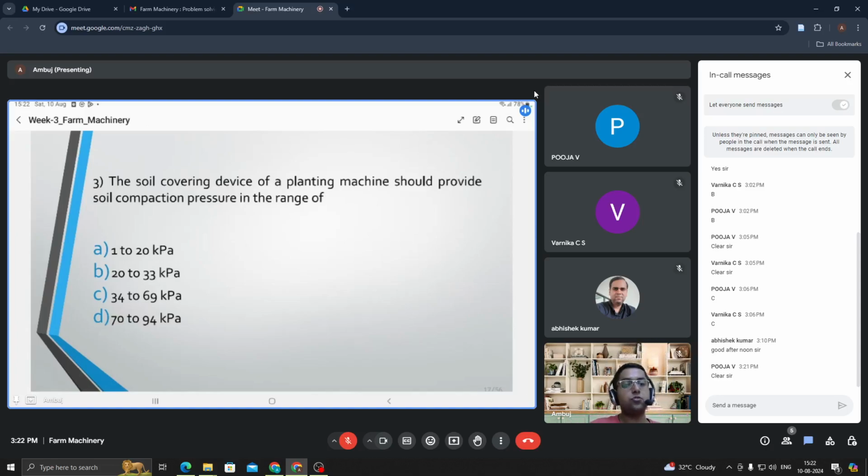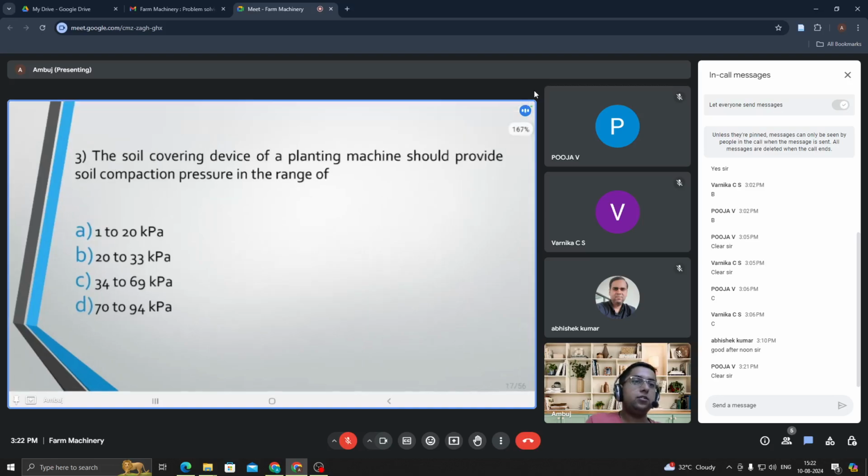You have to tell the range. Try it. It is already there in the lectures. No need to get frightened. Even if you don't get it right in the first attempt, I'll give you the entire explanation of how we decide this compaction pressure.